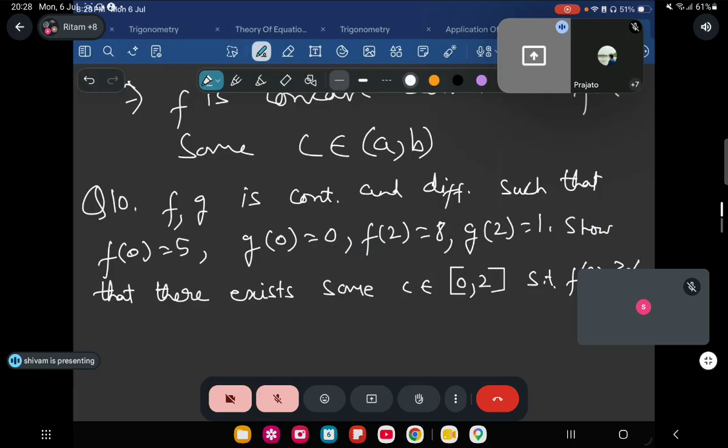Solve. Last problem, everyone. Use the same concept, we'll get the result.